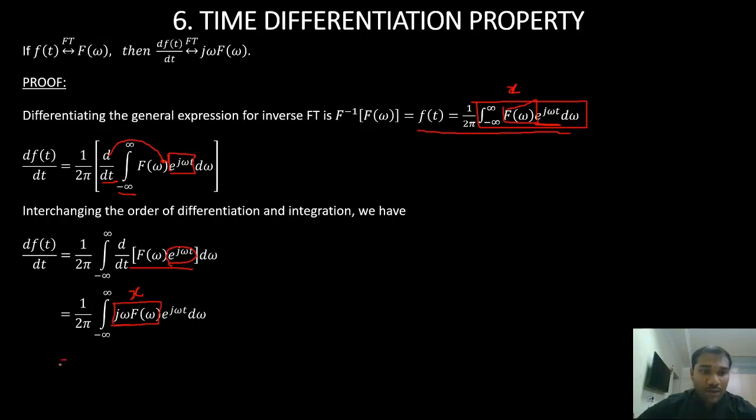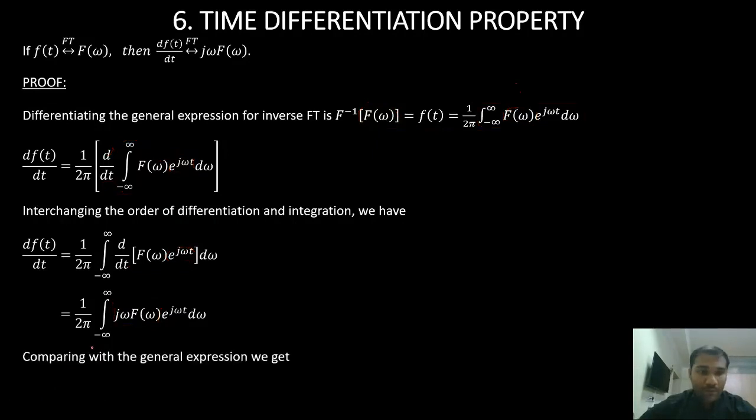This is nothing but inverse Fourier transform, right? Fourier inverse of whatever is there in my x place. In place of x, I have j omega f of omega, right? I have j omega into f of omega.